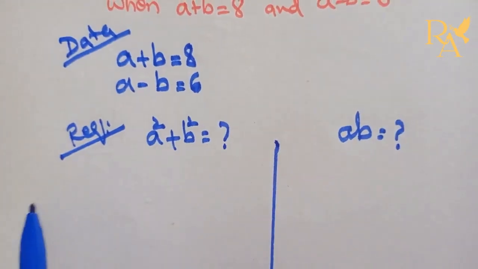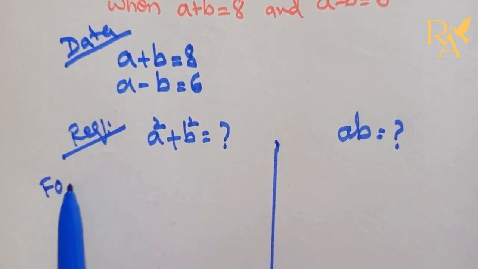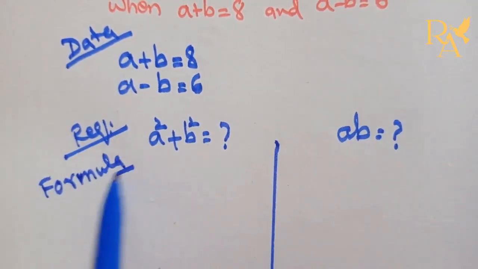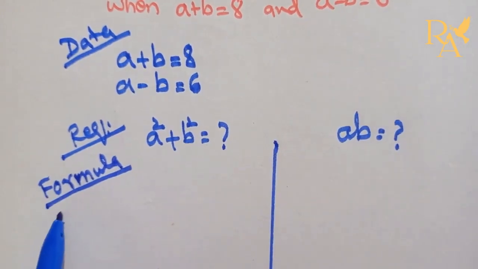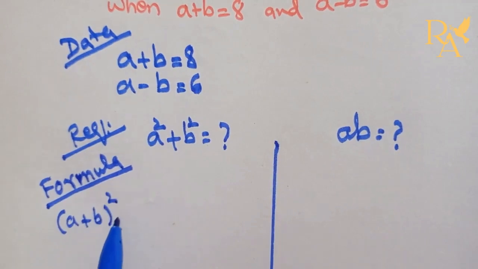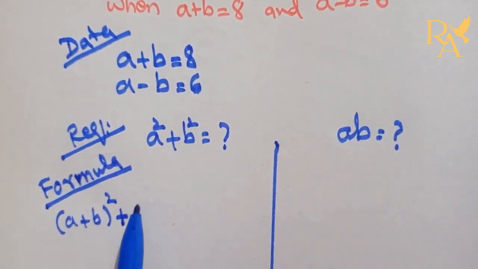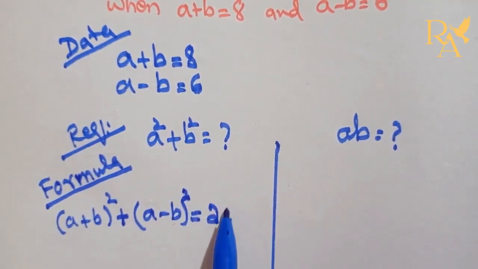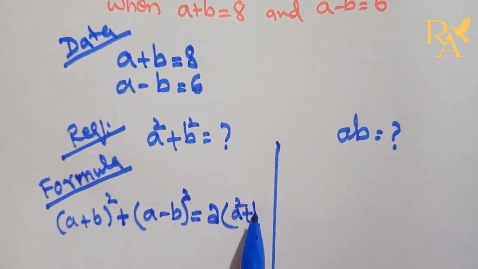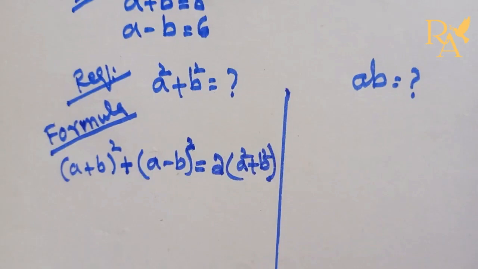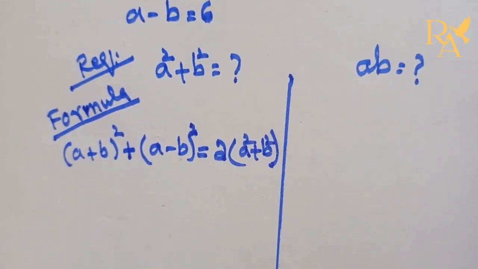Now, by using the formula, (A plus B) whole square plus (A minus B) whole square is equal to 2(A square plus B square). Now we will put the values in this formula.